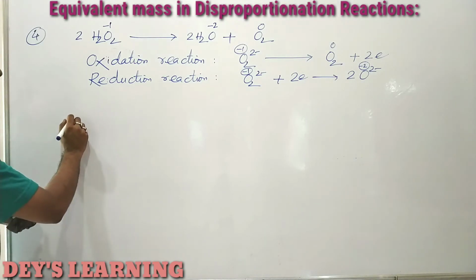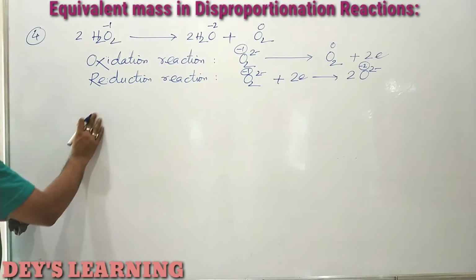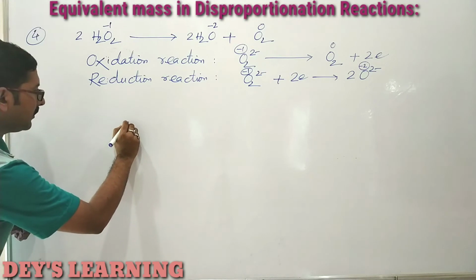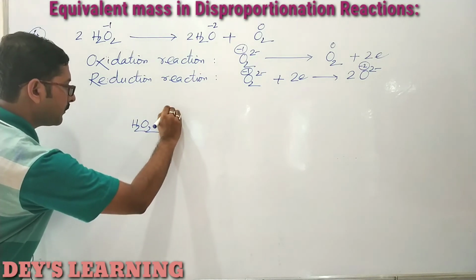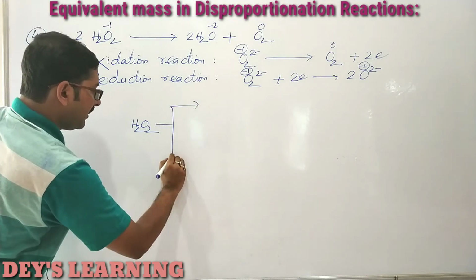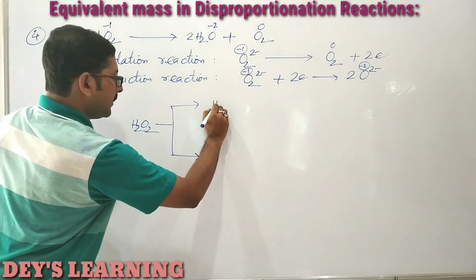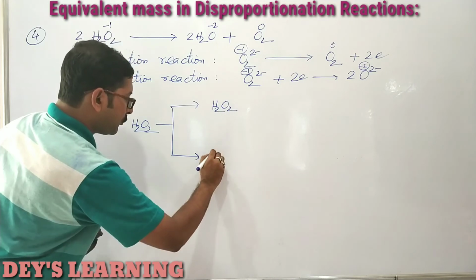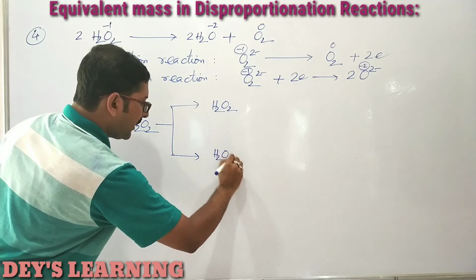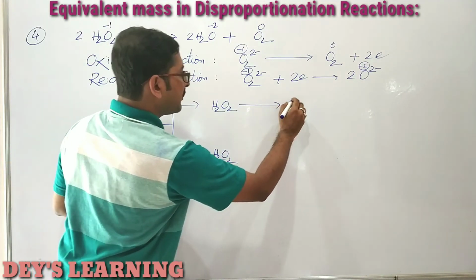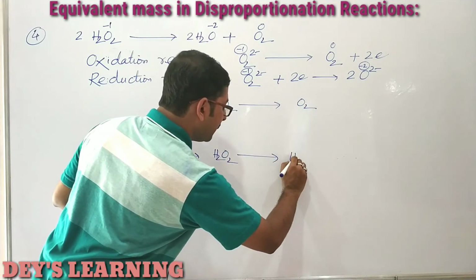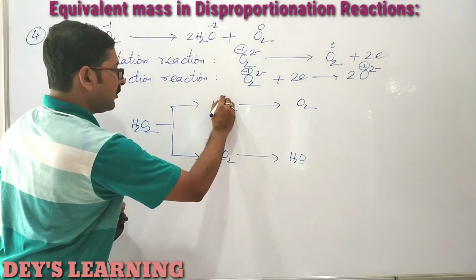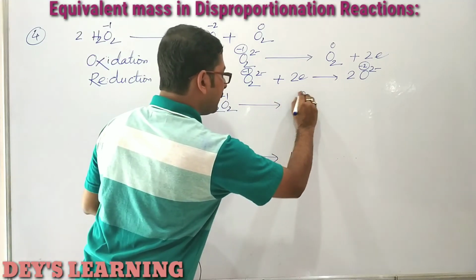So the N factor of this reaction can be calculated in this way. There are 2 types of H2O2 in this reaction. One H2O2 is oxidized to oxygen and one H2O2 is reduced to H2O. This is -1, -1, 0, -2.